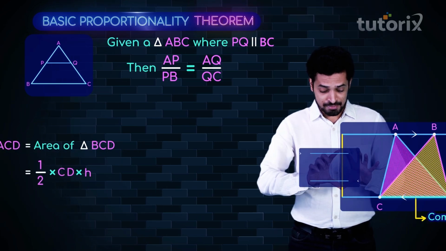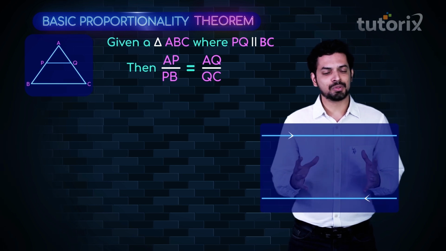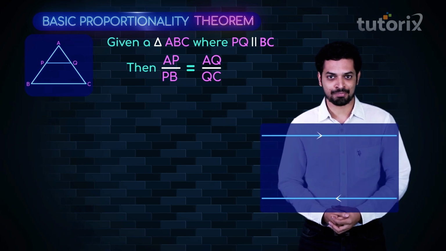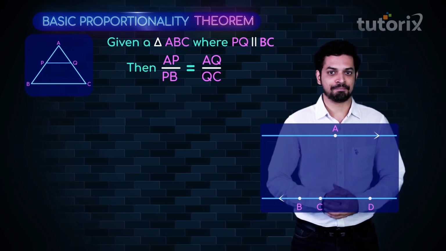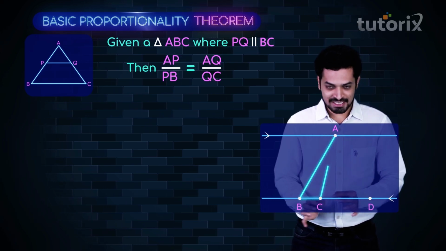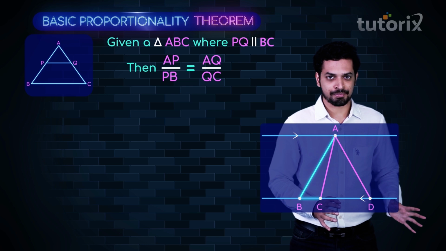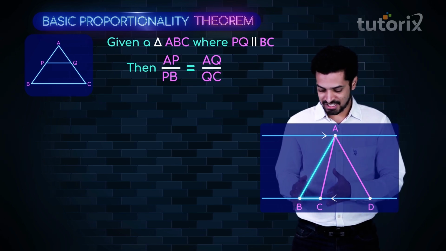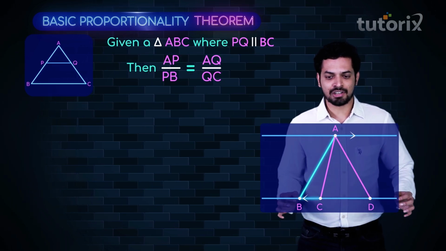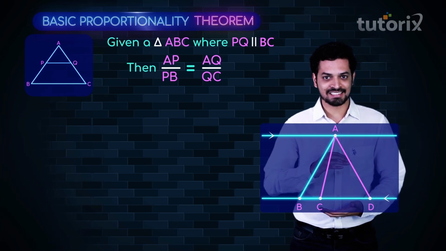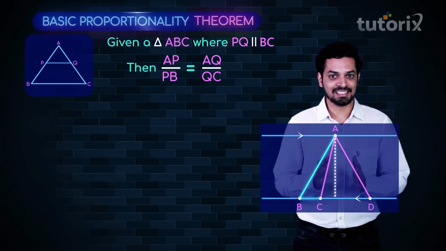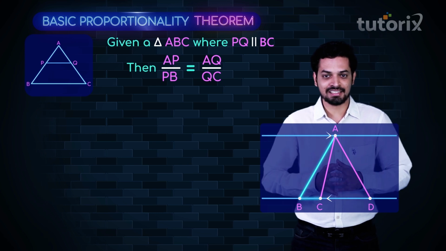Now what if, between the same two parallel lines, the two triangles don't have the same base? Say there's a point A here and points B, C, D on the bottom line. Now I have triangle ABC and triangle ACD. Both have different bases, which are BC and CD, but they have a common third vertex, right? Since they are between the same parallel lines, both triangles have the same height, which is the distance between the parallel lines.